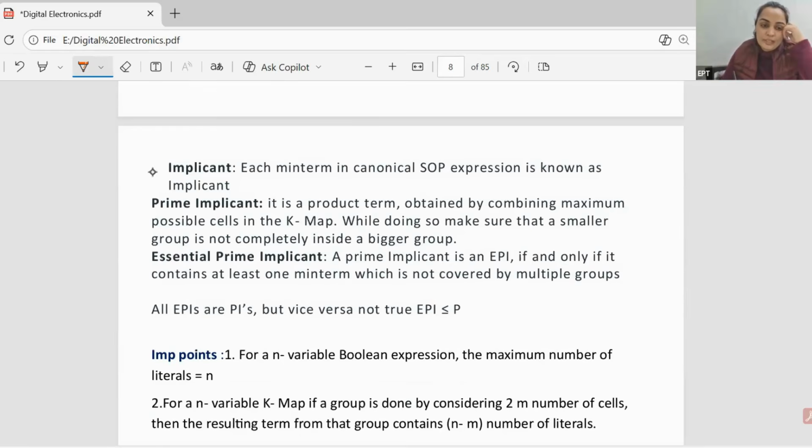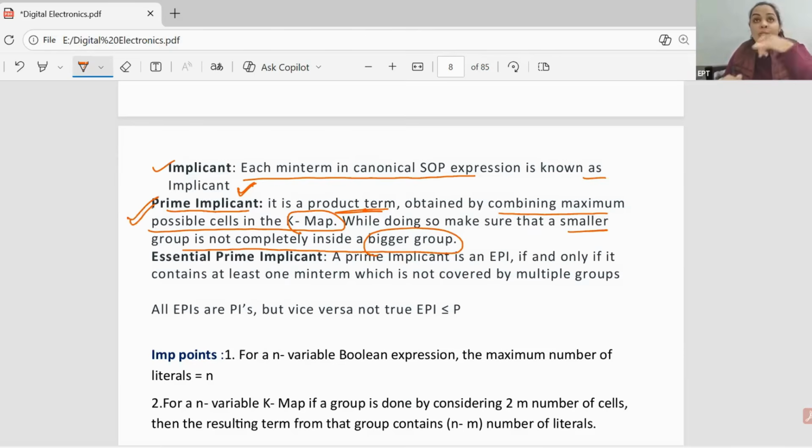Now, implicants. Each minterm in the canonical expression is known as an implicant. What is a prime implicant? It is the product term obtained by combining the maximum possible cells in the K-map. While doing so, make sure that the smaller group is not completely inside the bigger group. That will be known as the prime implicant.